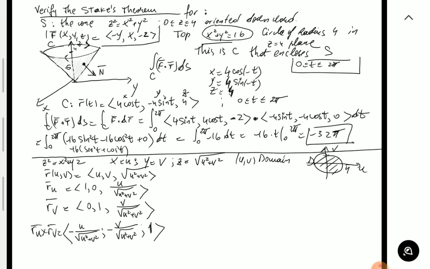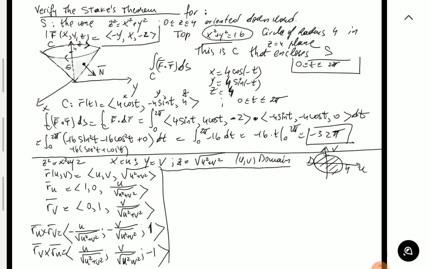Now notice what you want in the actual problem, because you want the normal to be oriented downward, you're going to need, in this case, Rv cross Ru, right? The opposite of this. So look at the cone, we want the normal pointed downward, which means the third component should be negative when I set up the surface integral. What else do I need?